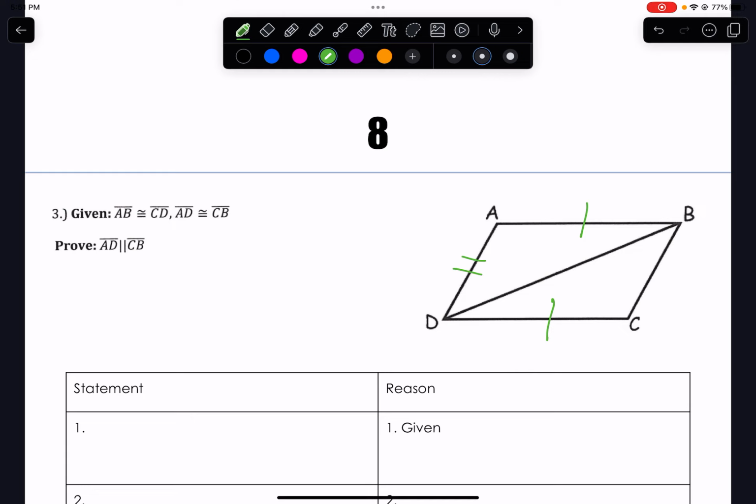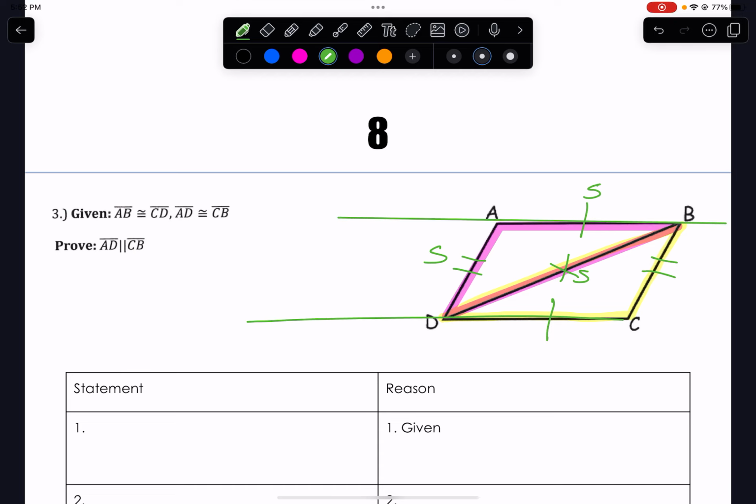AD is congruent to CB. Highlight. Now again, you should see overlapping colors, reflexive. Again, we're going to use side, side, side.